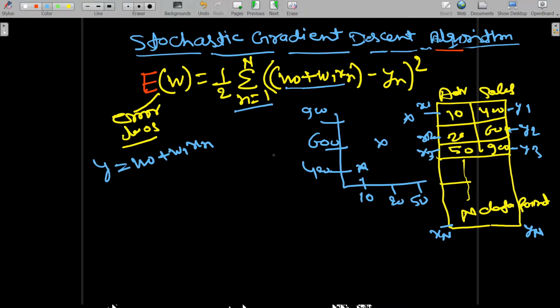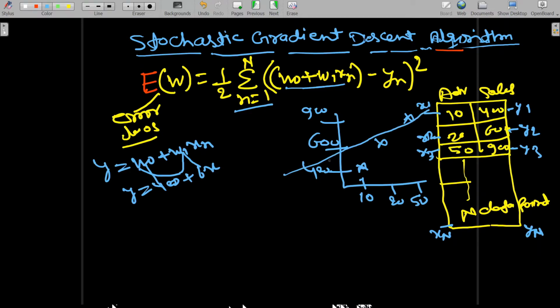This is the line, and we have to find the optimal w0 and w1 which minimize our error. So what is the error actually? Let's suppose we take y = 400 + 6x, so w0 is 400 and w1 is 6.